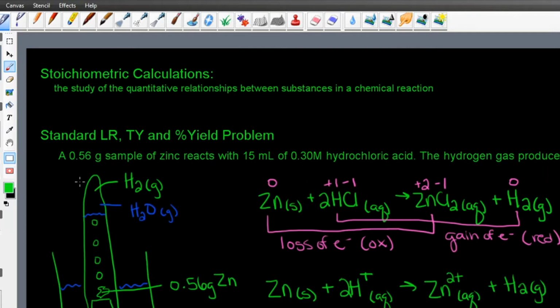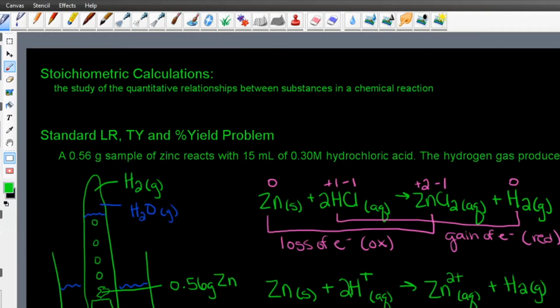How many milliliters of hydrogen gas should be produced if the total pressure is 763 torr at 25 degrees Celsius.